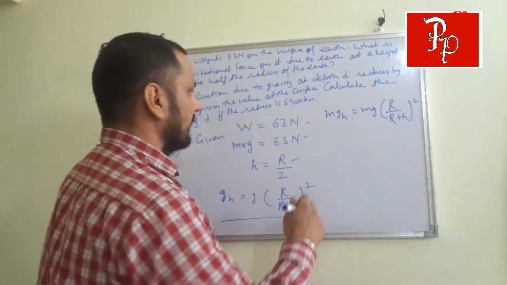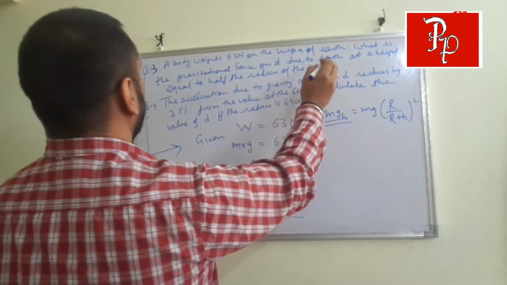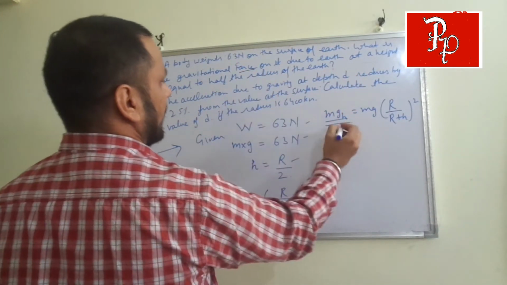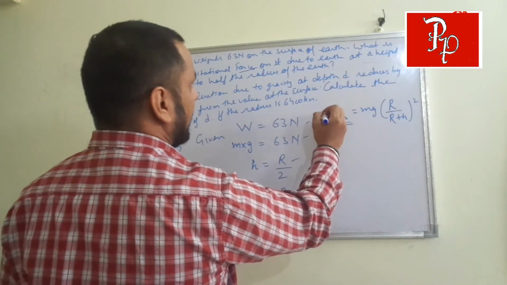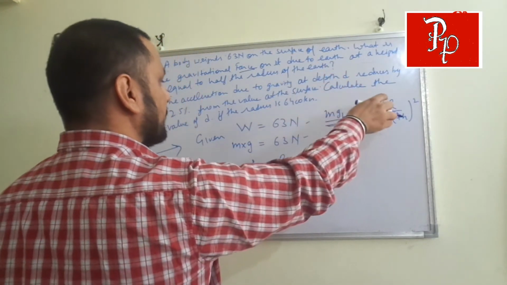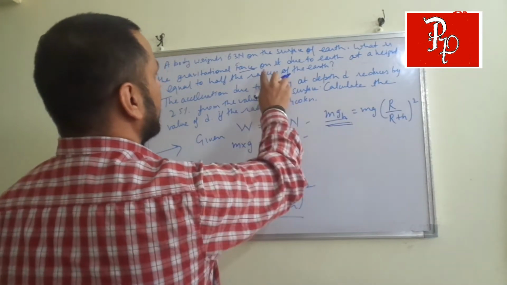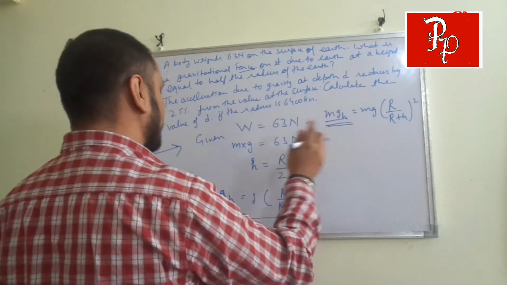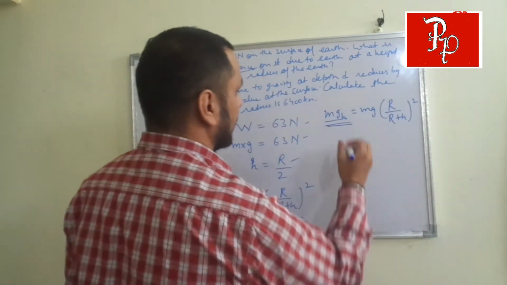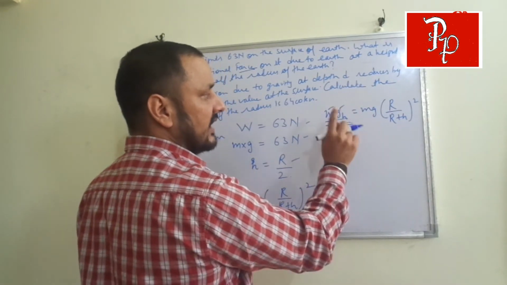Basically we have to find the gravitational force, and force is mass into gravity, at this particular height where h is r/2. Due to height h, that's why I have written gh.